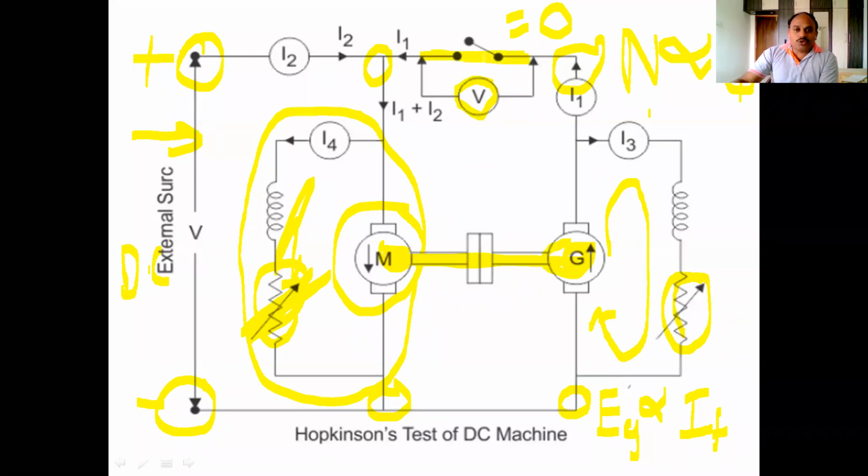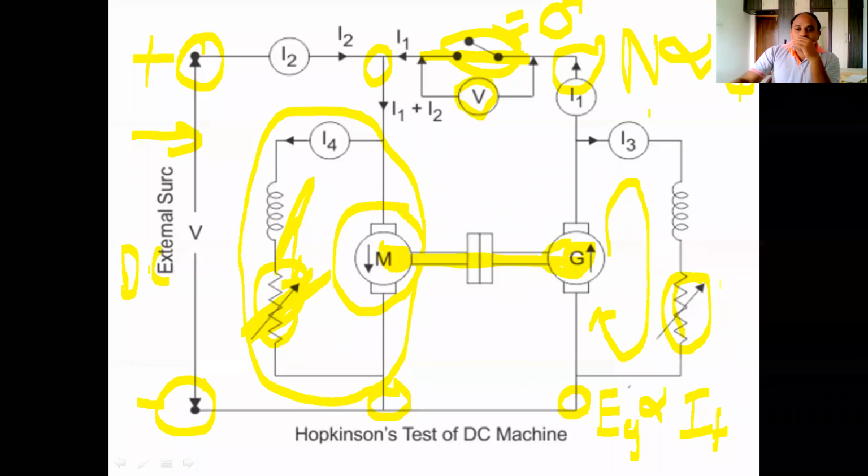Now, the switch being closed means both generator and motor are electrically connected. Otherwise, they are not electrically connected, only mechanically connected. Switch is closed when the voltmeter reads 0.